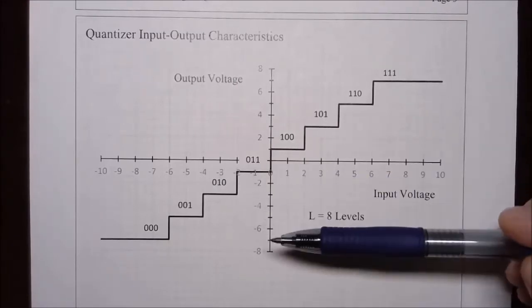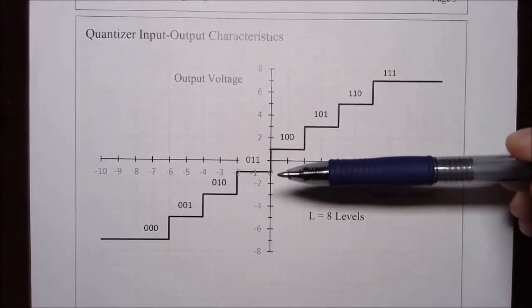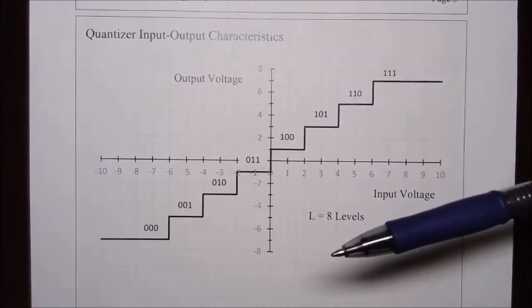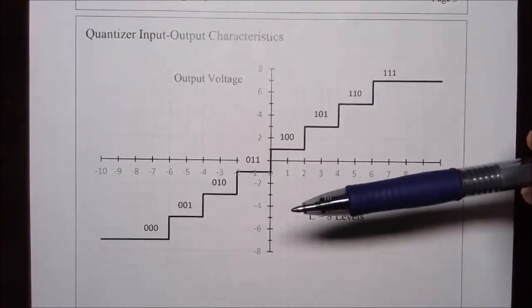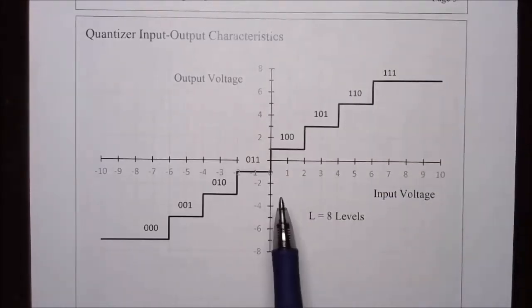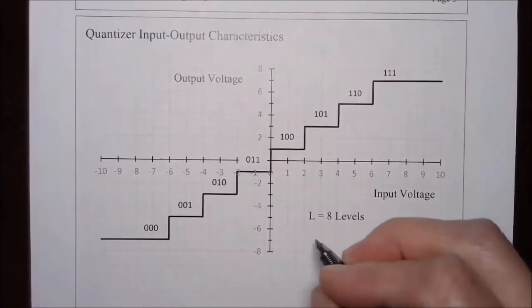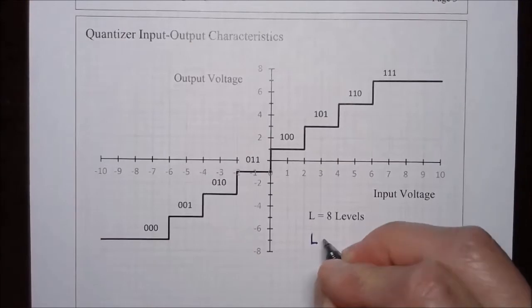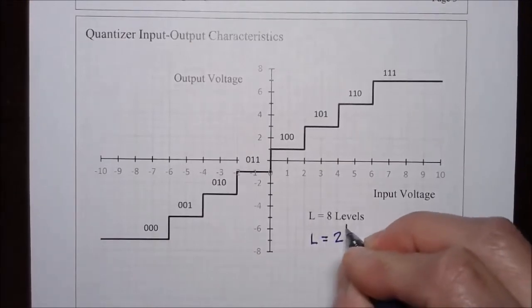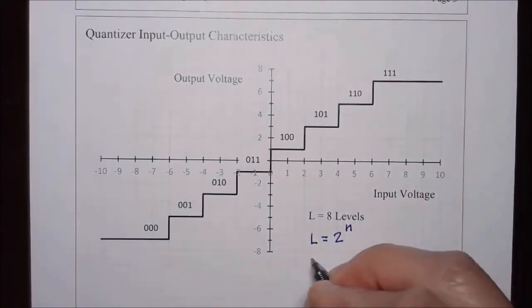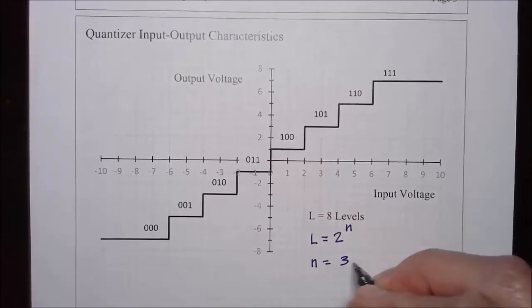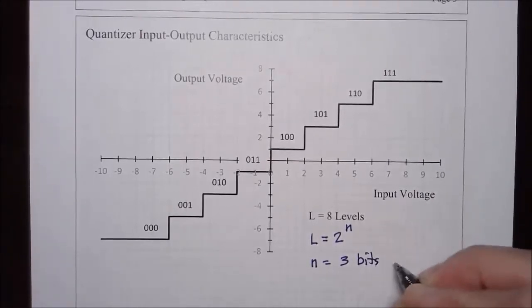And the output voltage is mapped onto the vertical axis. In this case, we are given 8 levels. So L is equal to 8 levels. Since L is equal to 2 to the power of n, that makes n equal to 3 bits per sample.